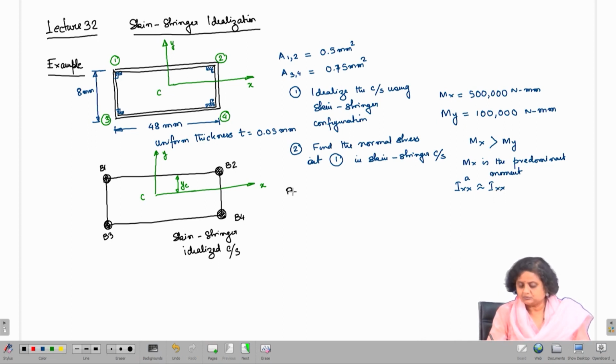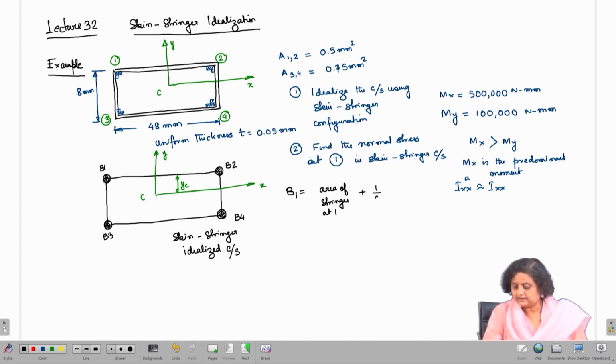The area of B1, as we know, is going to be the area of the stringer at 1 plus 1/6 of the area of the web, which in this case is the vertical web, plus half of the area of the adjoining flange, which in this case is the horizontal flange.